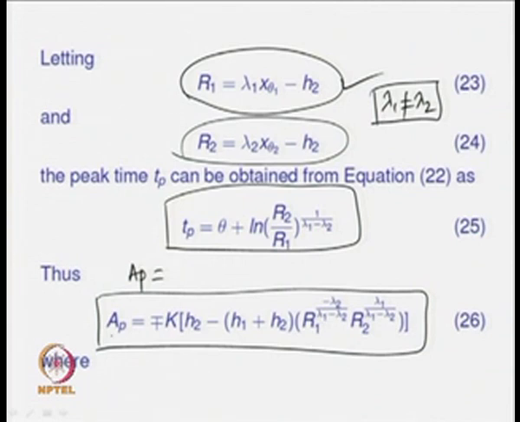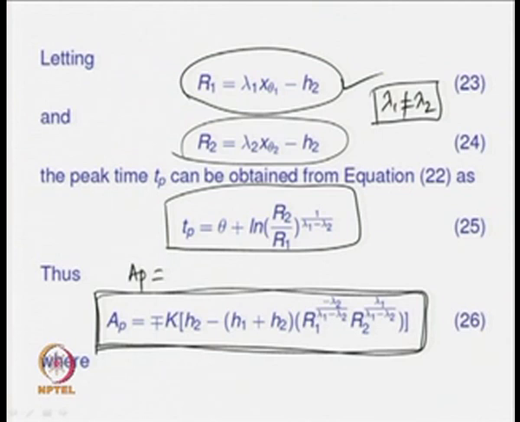So, with this assumption that lambda 1 is not equal to lambda 2, let me once more read out the exact expression for the peak output of the sustained oscillatory output: Ap is equal to minus plus k times (H2 minus H1 plus H2 together) times R1 to the power minus lambda 2 upon lambda 1 minus lambda 2, times R2 to the power lambda 1 upon lambda 1 minus lambda 2.